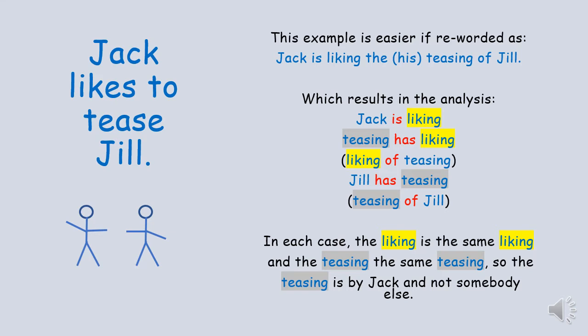Here's a rather more complex example reflected in the sentence Jack likes to tease Jill. This example is easier if reworded as Jack is liking the teasing of Jill, in parenthesis, his teasing of Jill, which results in the analysis Jack is liking, teasing has liking, which is also expressible as liking of teasing, Jill has teasing, expressible alternatively as teasing of Jill.